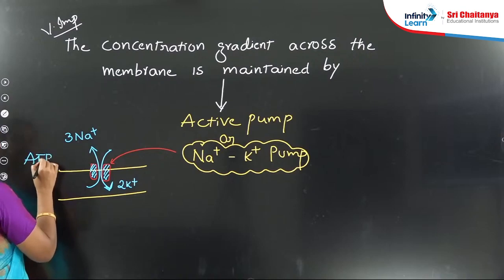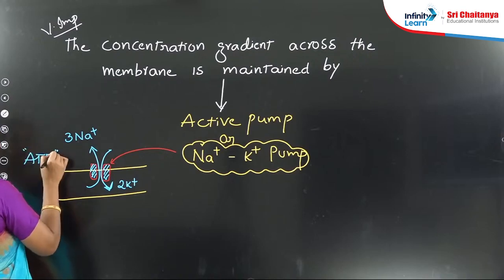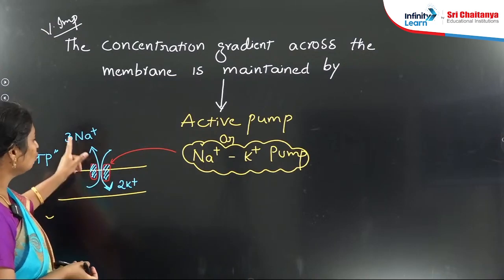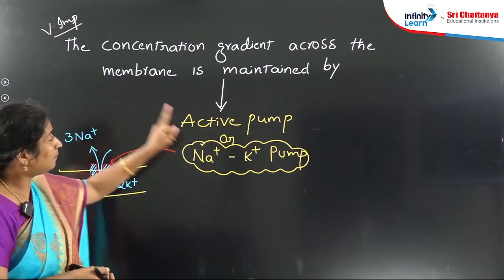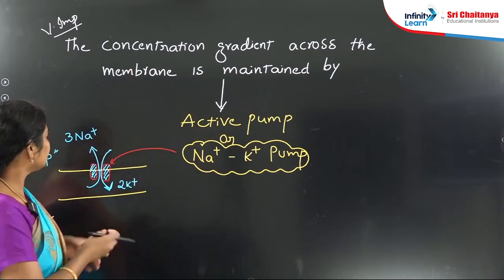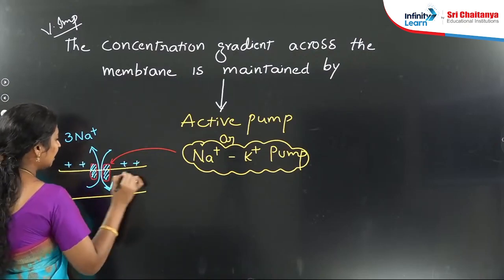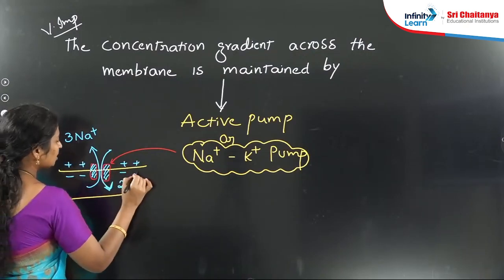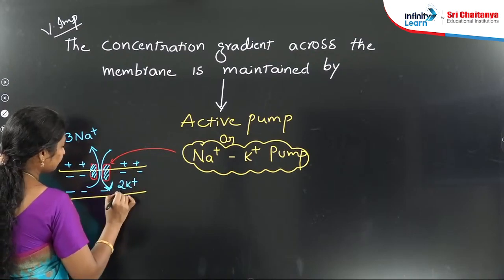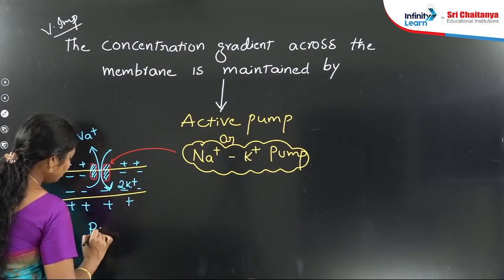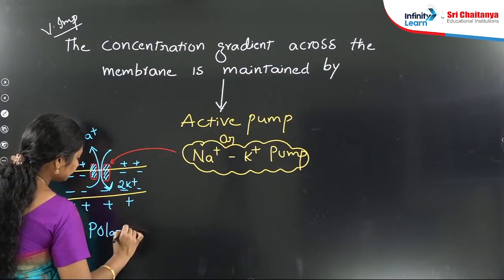ATP is important. Because of this movement, the pump can maintain these charges: always the outside will have positive charge and the inside will have negative charge. This is known as maintenance. Then the membrane is said to be polarized.